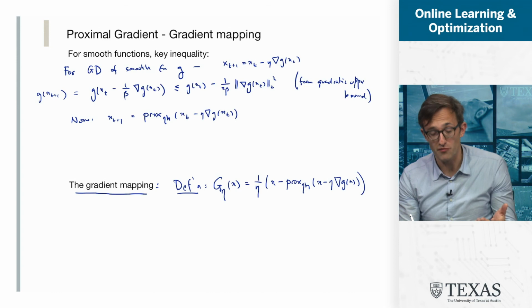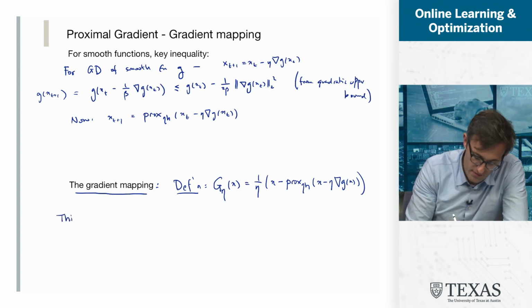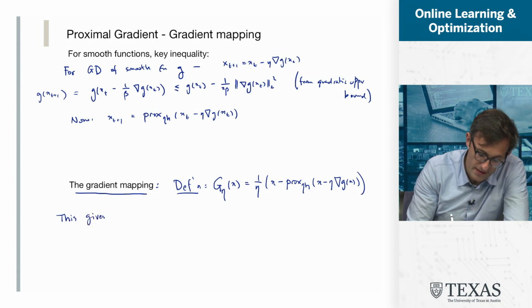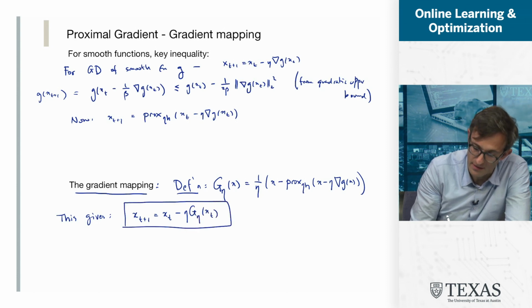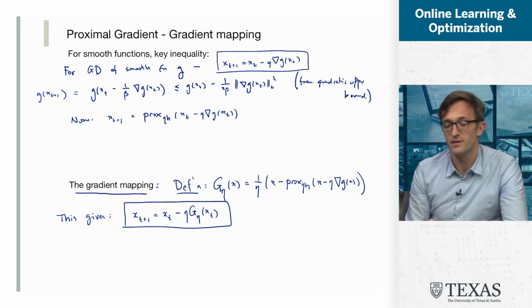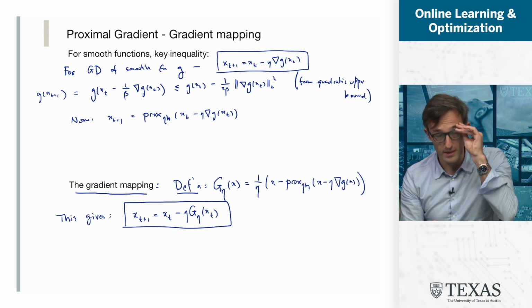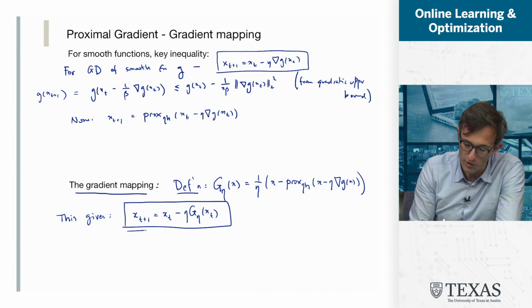It comes exactly from wanting to write xt plus 1 as an additive increment of xt. So this gives xt plus 1 is equal to xt minus eta times the gradient mapping. And so at least semantically, we're a little bit closer to what we had when we just had gradient descent. So we're going to be working with this gradient mapping.